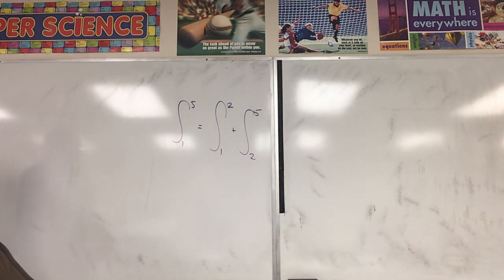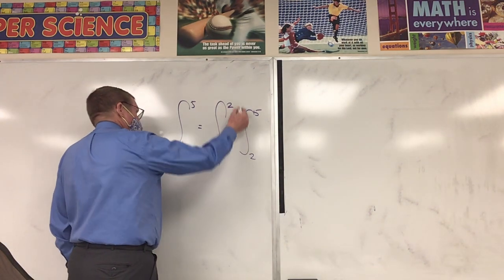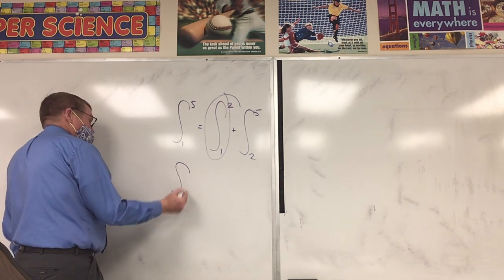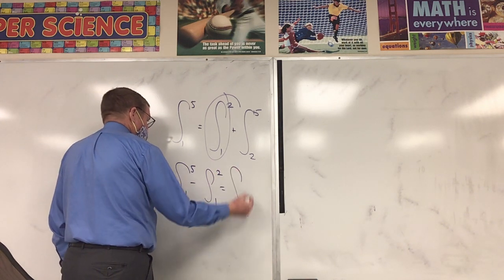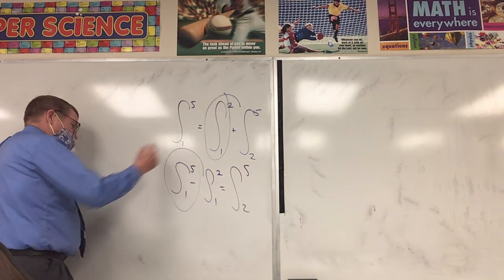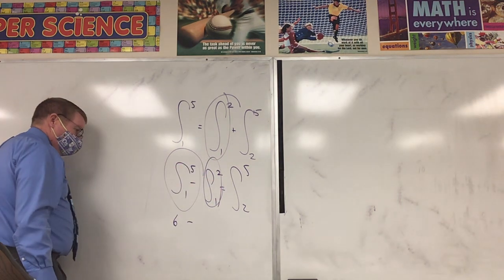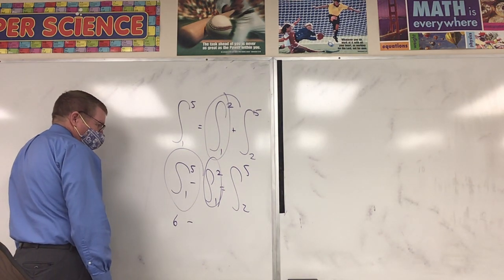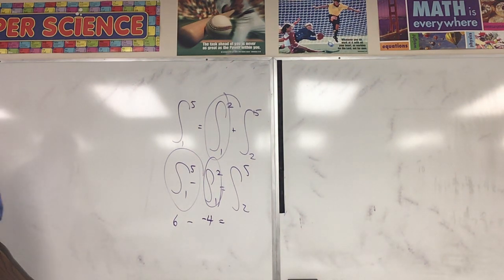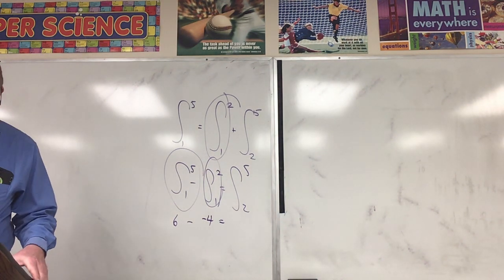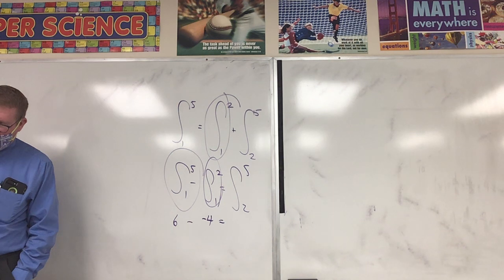Yeah. Which one are we looking for? 2 to 5, so we need to get rid of this one. So the integral from 1 to 5 minus the integral from 1 to 2 equals the integral from 2 to 5. What is the integral from 1 to 5? 6. Minus what is the integral from 1 to 2? -4. So therefore that equals the integral from 2 to 5, which is going to be 10. Letter E, the integral from 1 to 5 of f of x minus g of x dx.